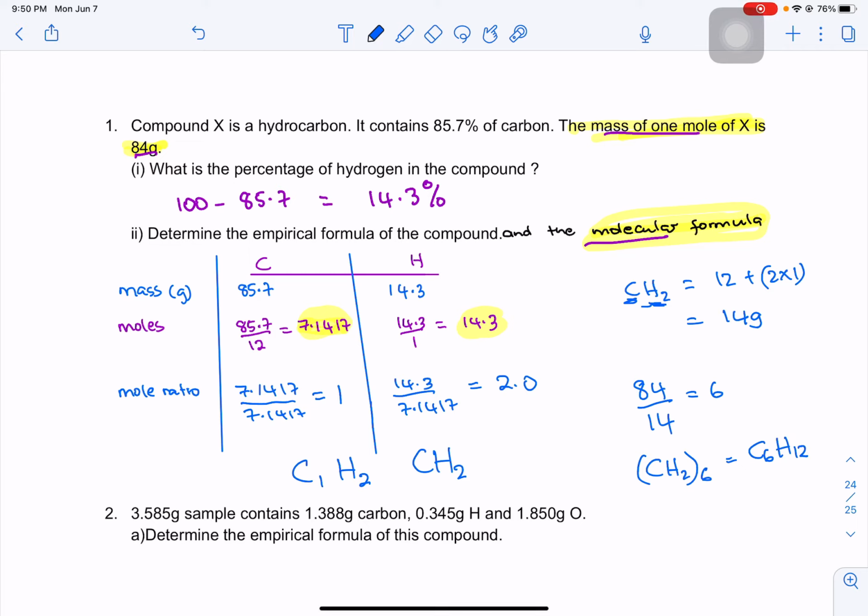This is our molecular formula. That's how we calculate the molecular formula.